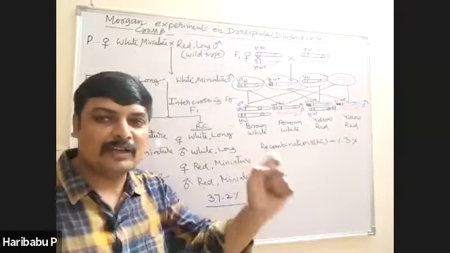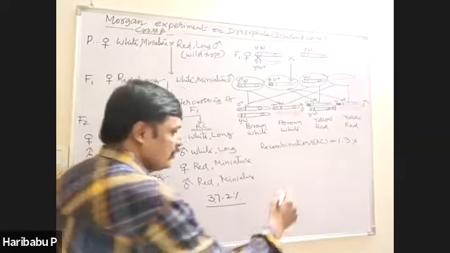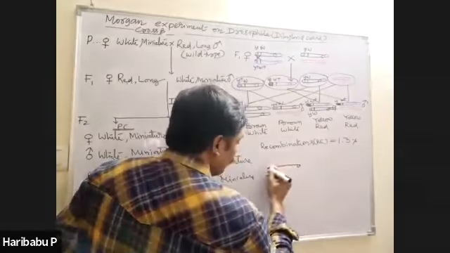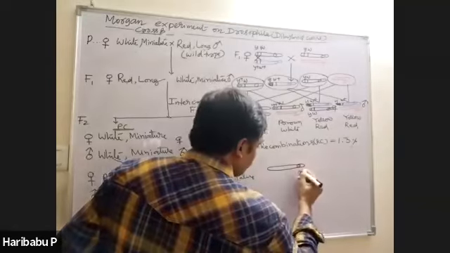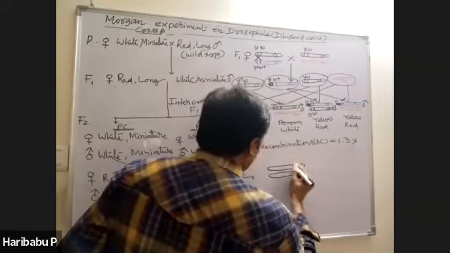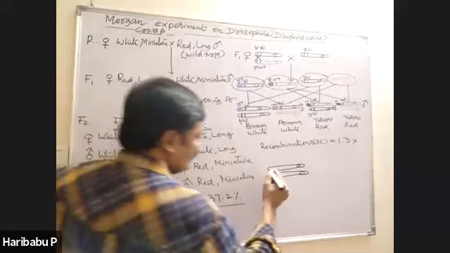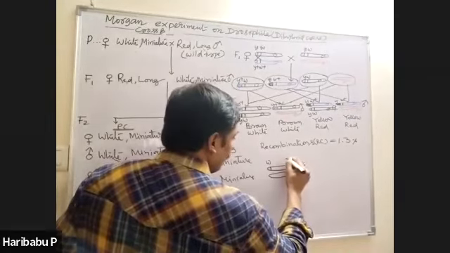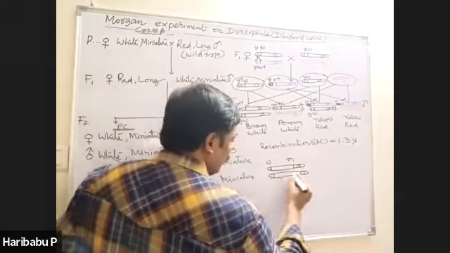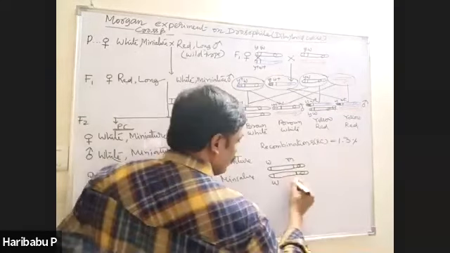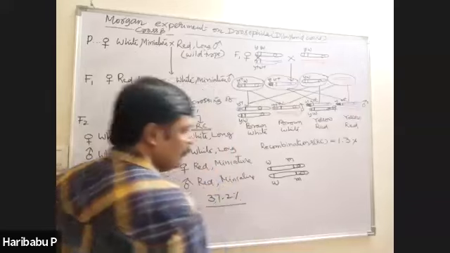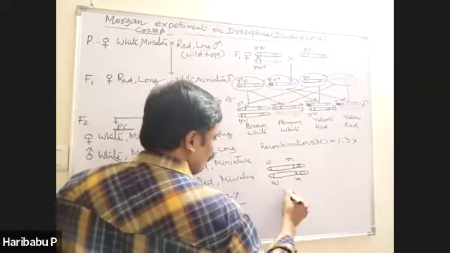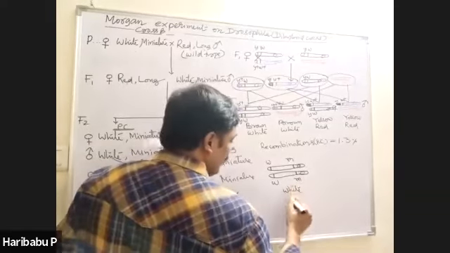So based on that, you can identify the genes' positions. For example, this is white miniature, W here, M here, on the same homologous chromosome. This is for white miniature.